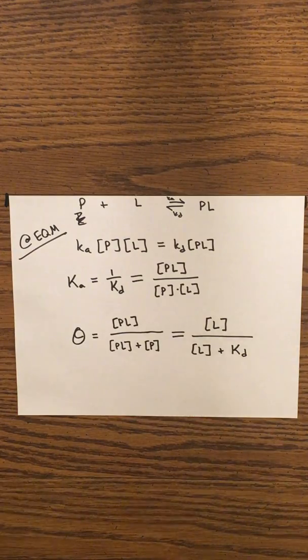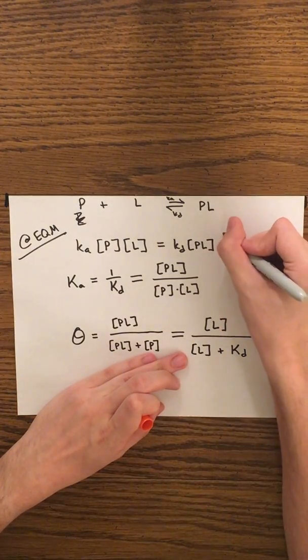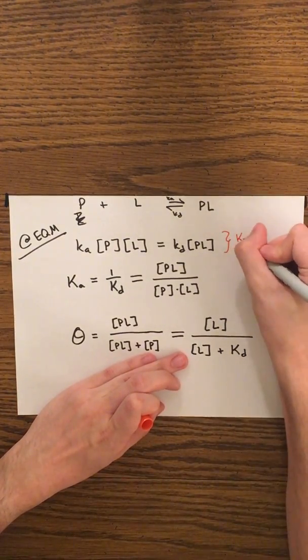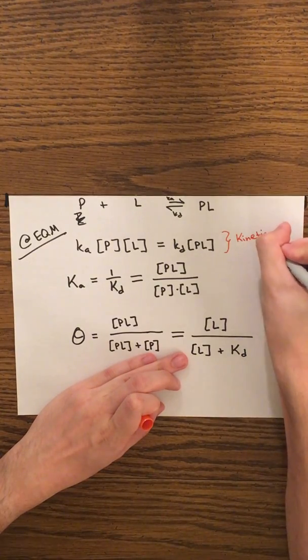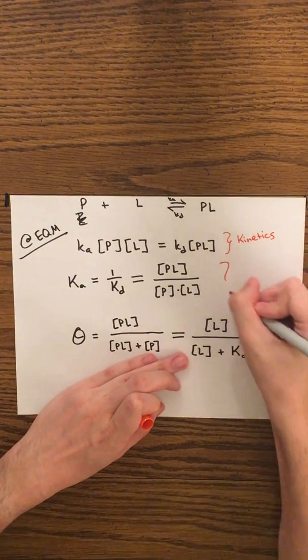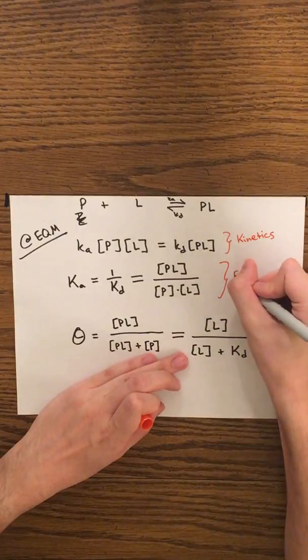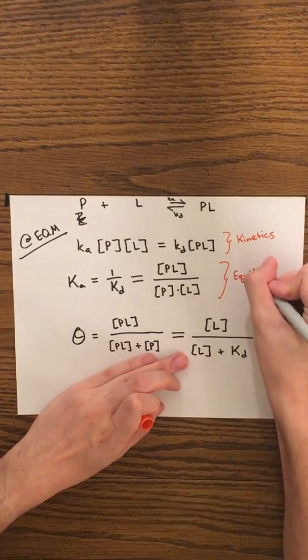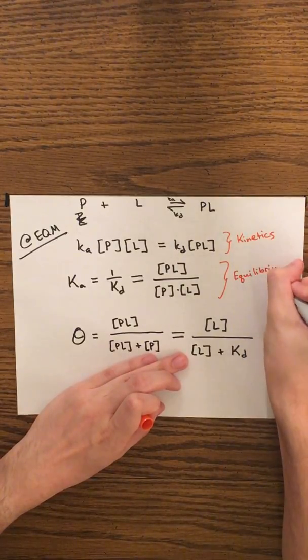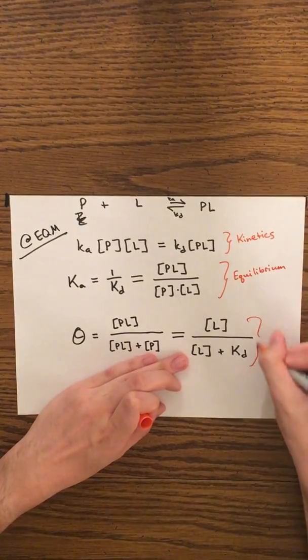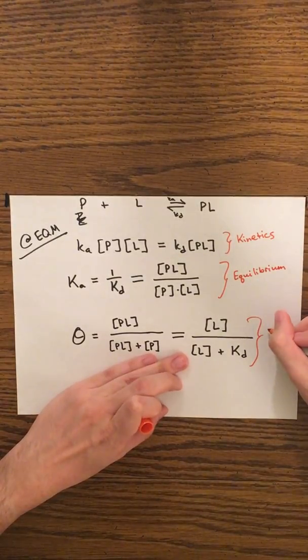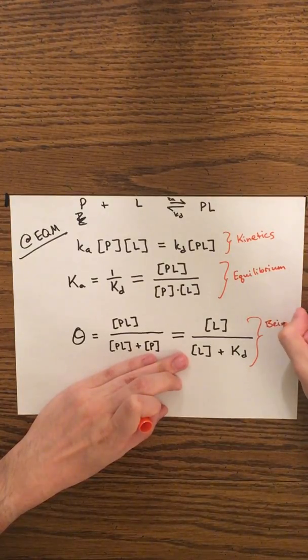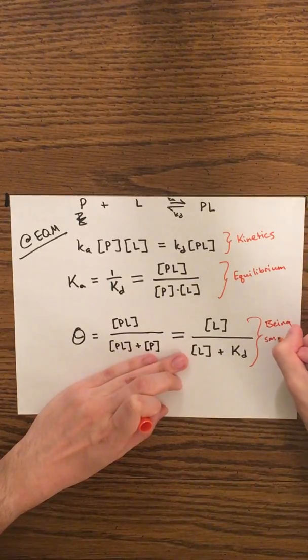Okay? So again, this we got from kinetics. This we got from our equilibrium discussions. And this came from just being smart biochemists.